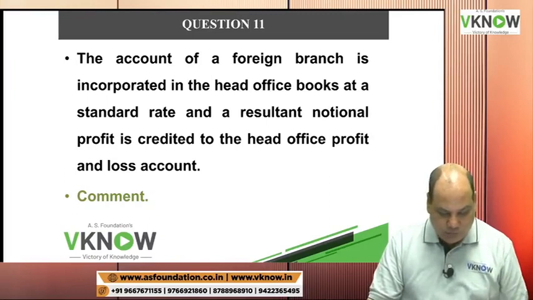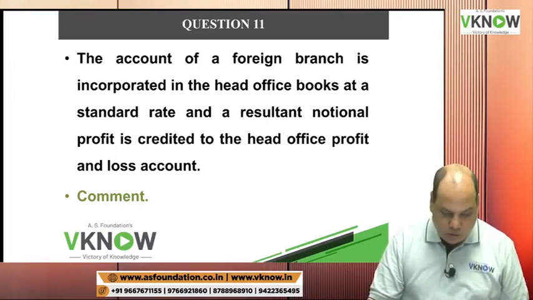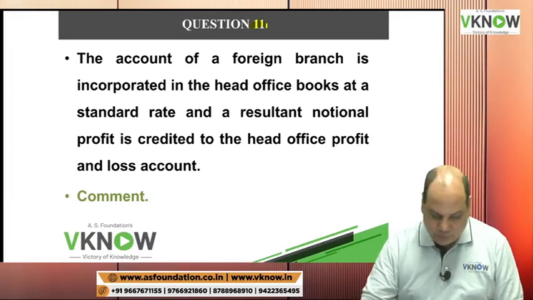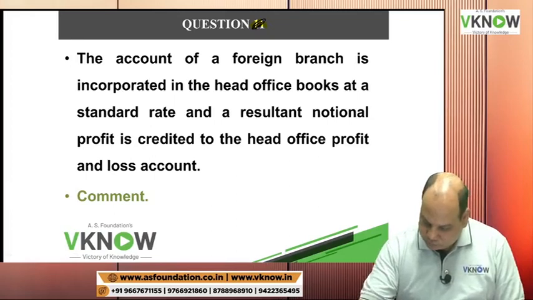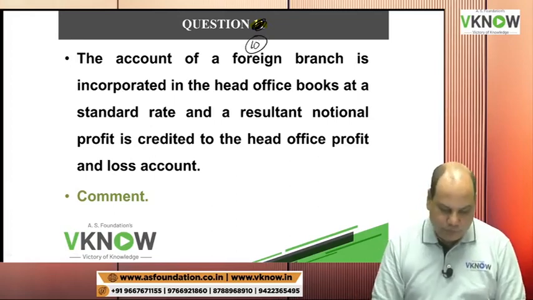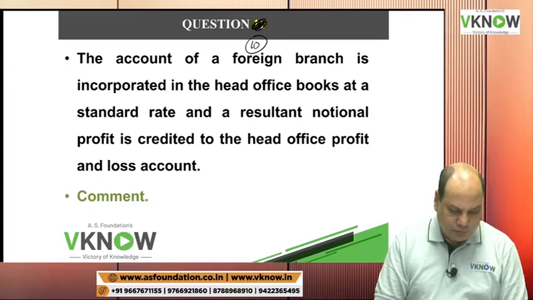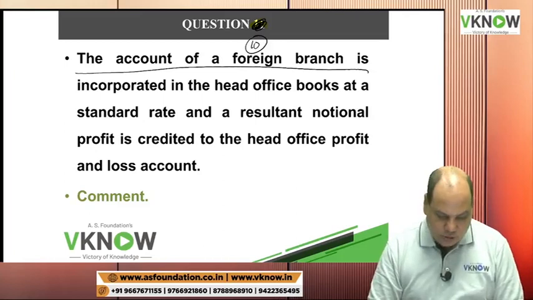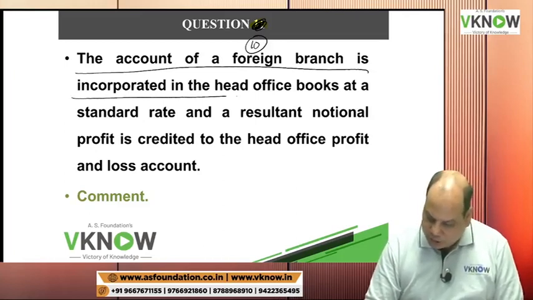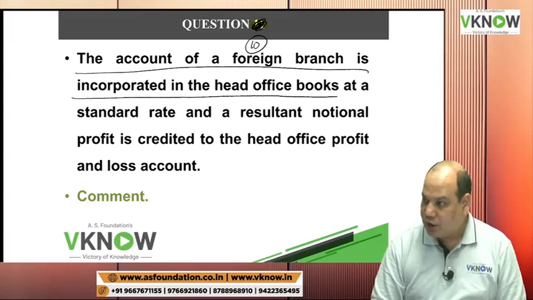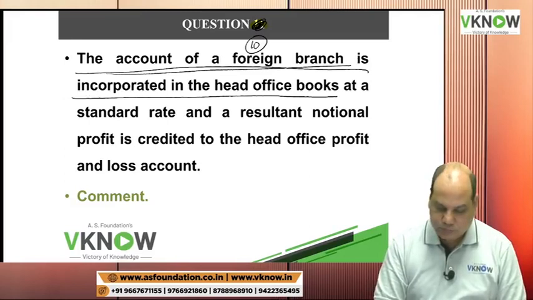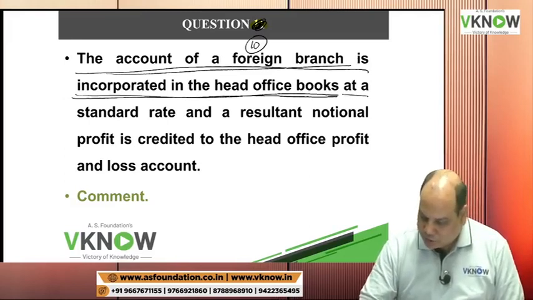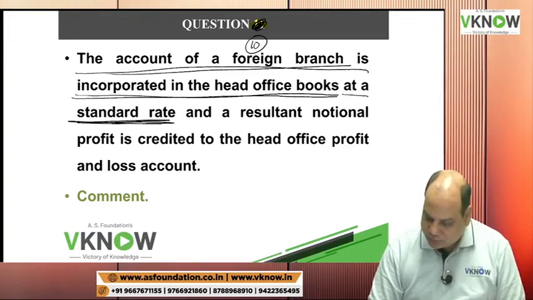After about 6 or 7 pages, you will find one question number 10. Please come to question number 10. The account of a foreign branch is incorporated in the head office book, like the previous problem, at a standard rate.